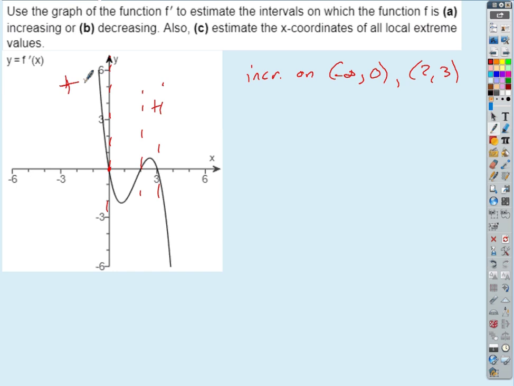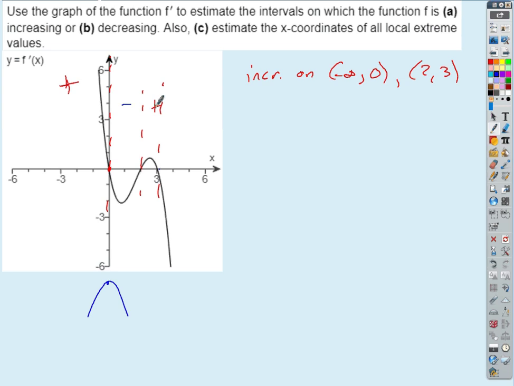Where's the x-coordinate of a relative maximum? 0. Okay. So I don't know what the y-coordinate is. The x-coordinate is at 0, right? Because I'm going from increasing to decreasing. And so at 0, I'm going to have something like that. Where else? At 3.